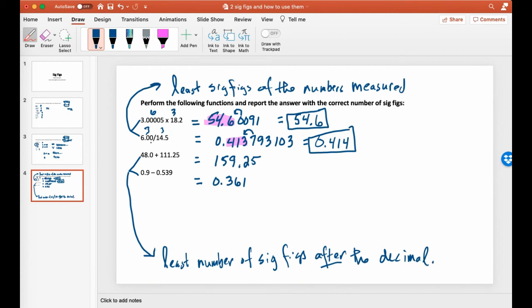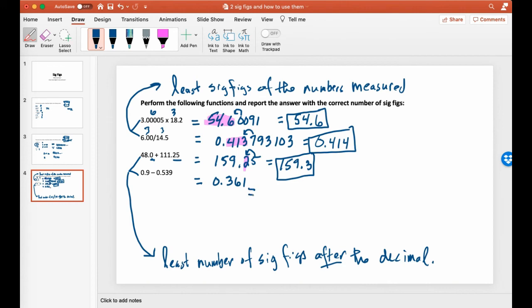So let's think about this. When we add and subtract, you're only looking at the total number after the decimal. Well, this has 1 and this has 2 after the decimal. 1 is less than 2, so we want 1 digit after the decimal. This 5 could round that up, so 159.3. That's the final answer for this problem.